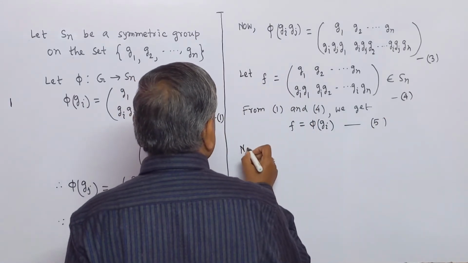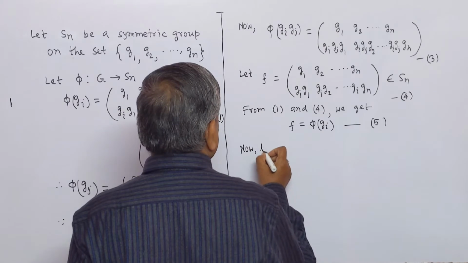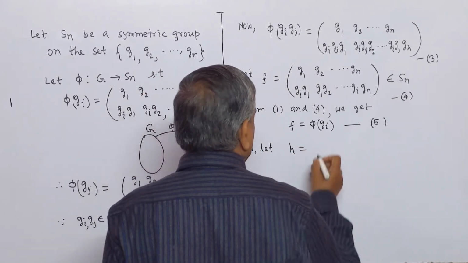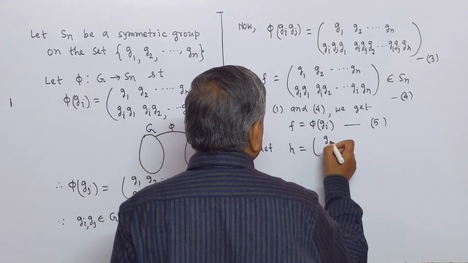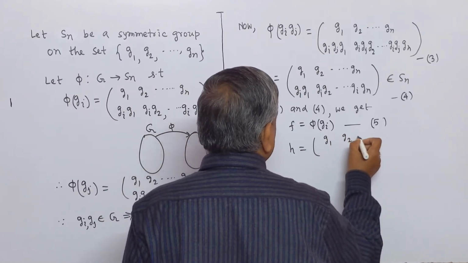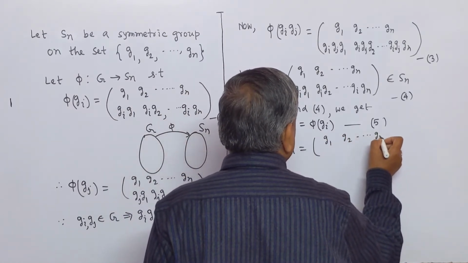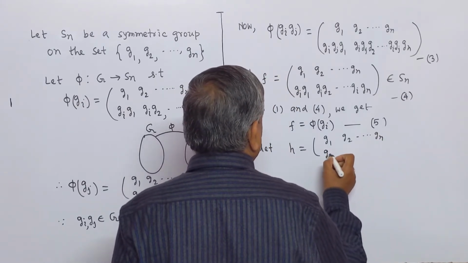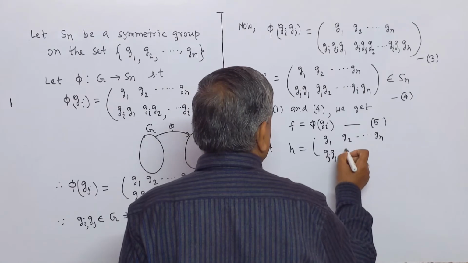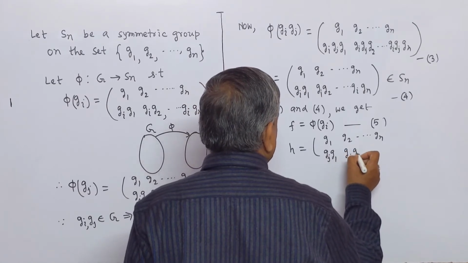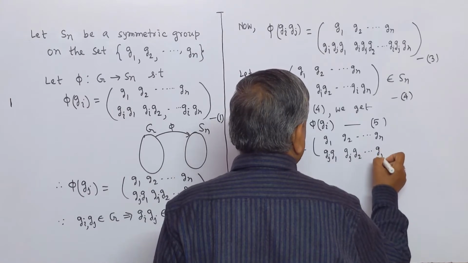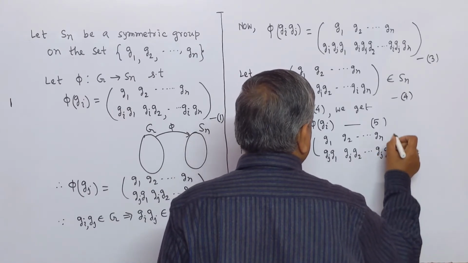Now let h equal the permutation mapping g1, g2, ..., gn to gj g1, gj g2, ..., gj gn.